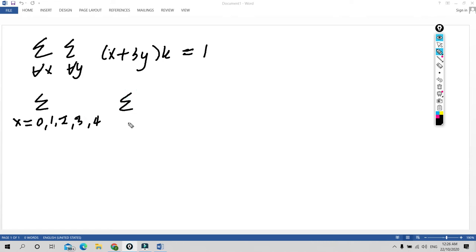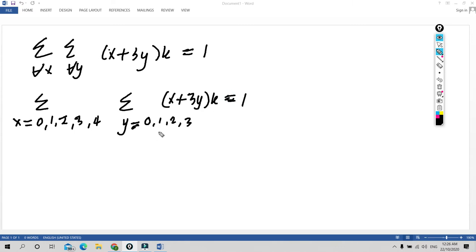And y is from 0 to 3, so 0, 1, 2, and 3. The function there is (x plus 3y)k. This must equal 1.